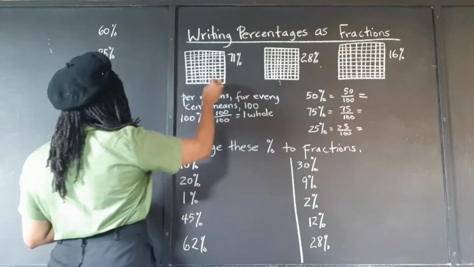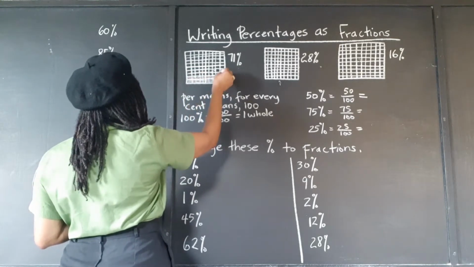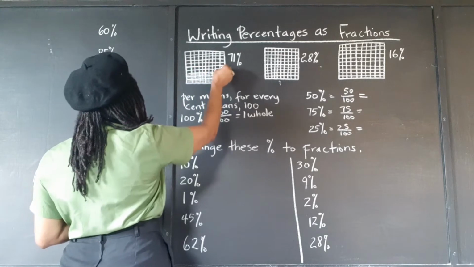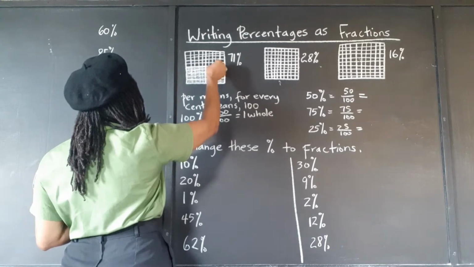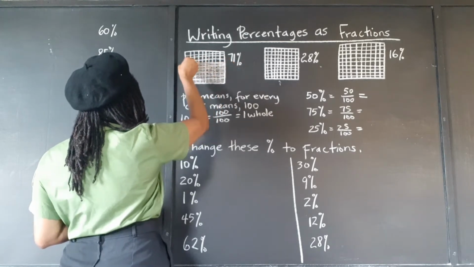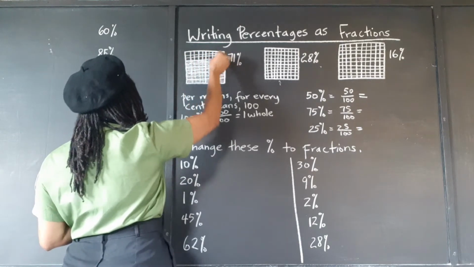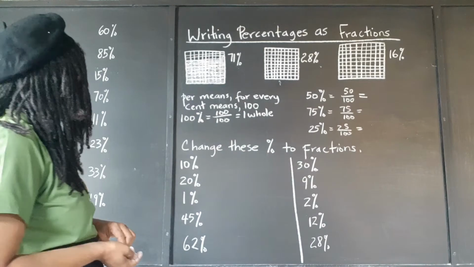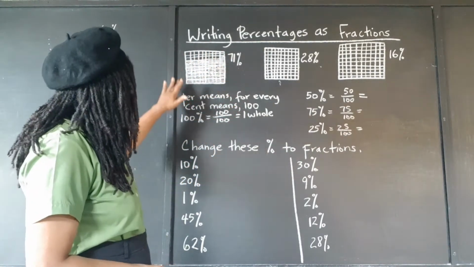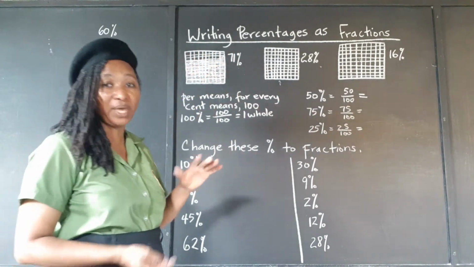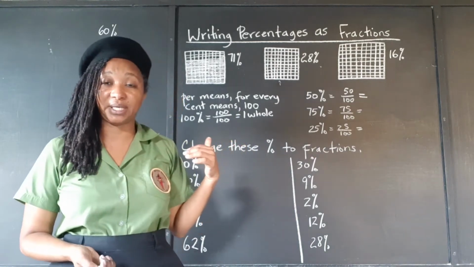So we would have to shade the first 10, so that's 10, 20, 30, 40, 50, 60, 70, and then just one more out of the other set. So we have shaded 71 of the tiny squares out of the big square that's divided into 100. And that's what 71% means.